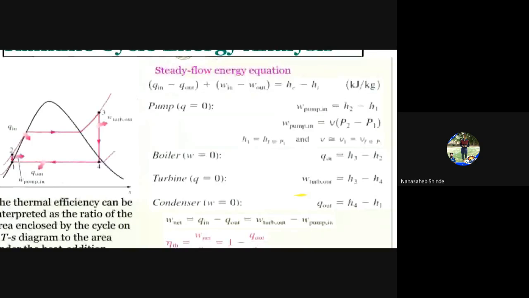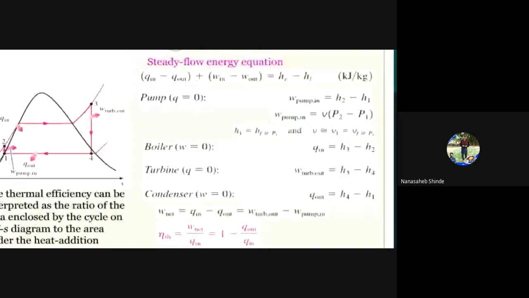Then at the turbine no heat addition or heat rejection, so q will be 0. So we are getting only work output, that is process 3 to 4, so h3 minus h4. Here h3 value is high, so I have considered it first.